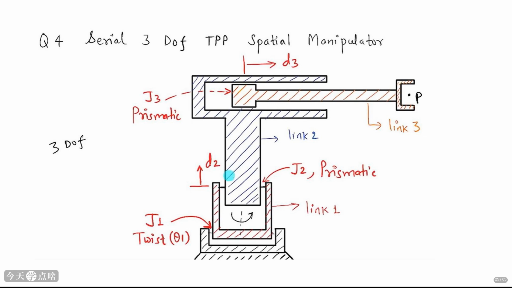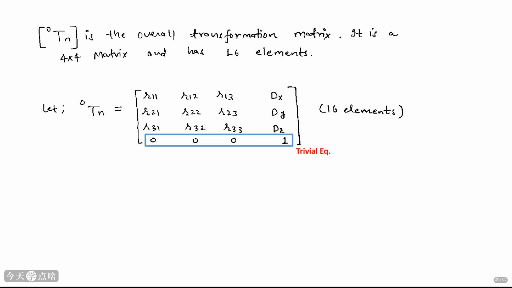For joint 3, theta 3 equals 0, d3 is variable, a3 equals 0, alpha 3 equals 0. The key difference is that now we have 2 prismatic joints, meaning 2 of the joint variables are linear displacements. We'll proceed with the same steps. Define frames, create the DH table, and calculate the transformation matrices. The composite transformation matrix for this 3-DOF manipulator, 0Tn, will have a similar structure to the previous examples.